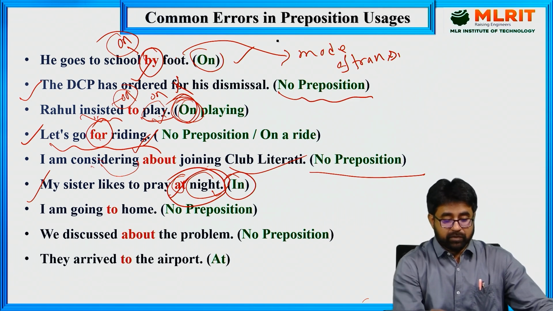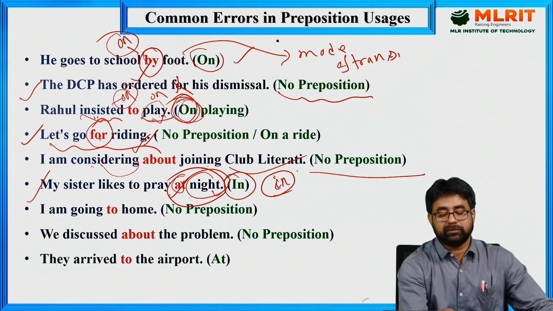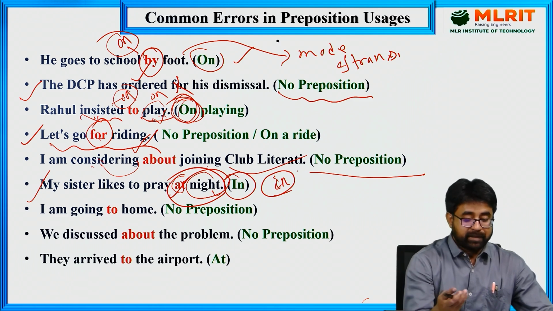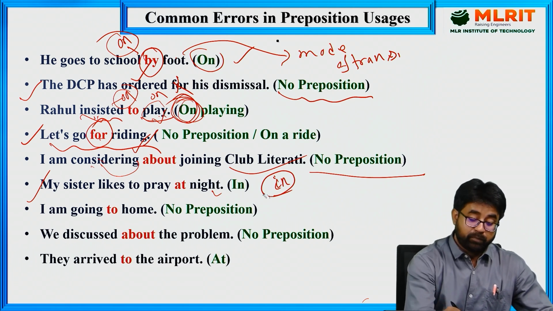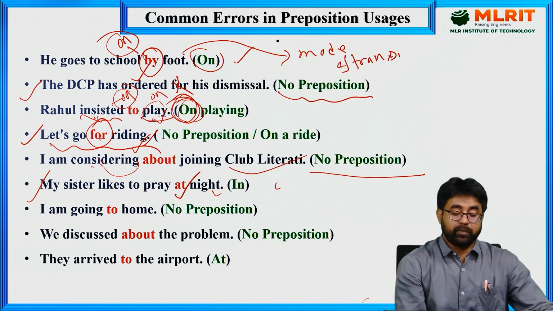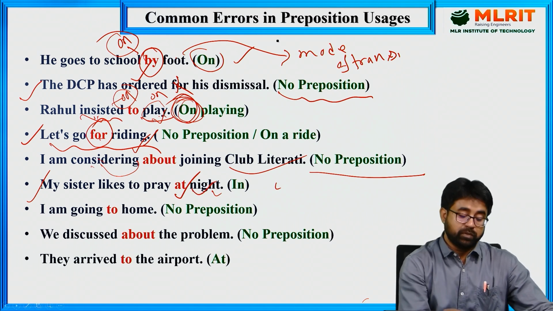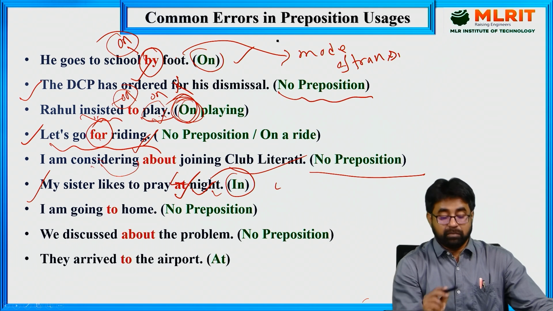Fine. So we have to use the preposition in here. But is it correct? My sister likes to pray at night. Actually, I put it in a different way. This is actually the correct preposition. Before night, we are supposed to use the preposition at. We cannot use in with the word night.